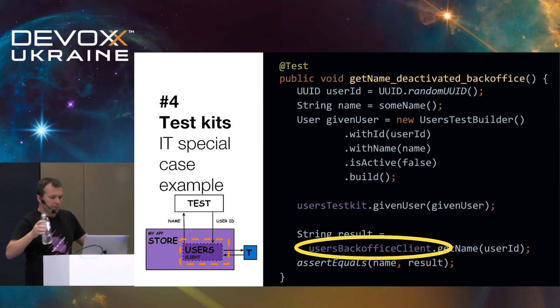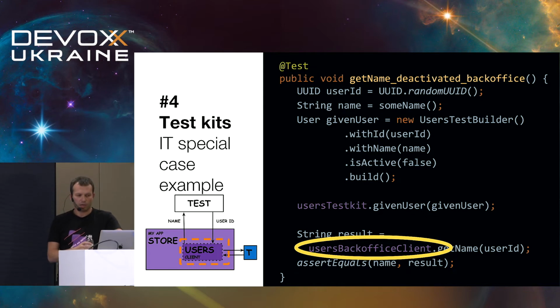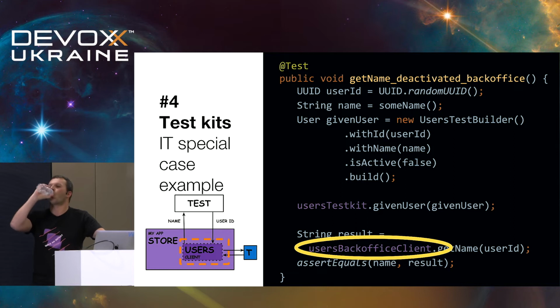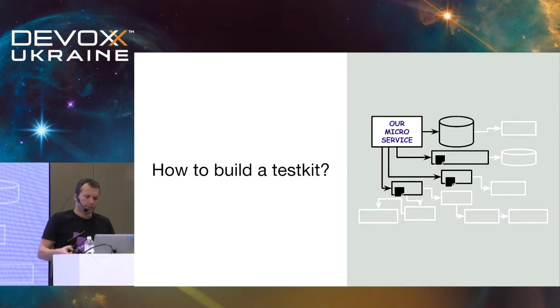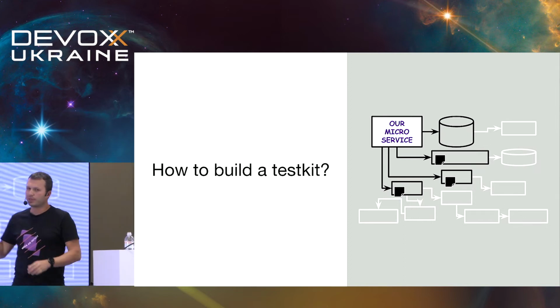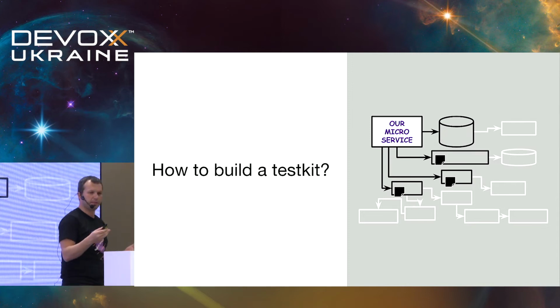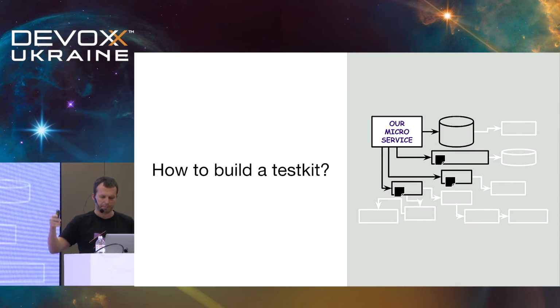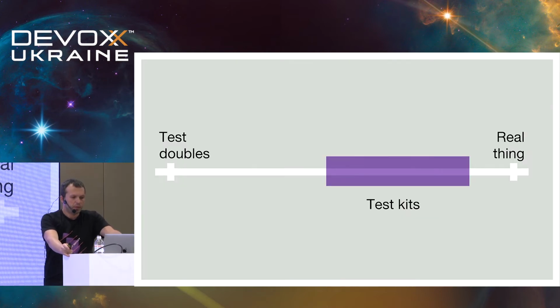So after we saw how it works, let's see how you can build one. So remember, now we are looking from the perspective of the user server, the server that provides the test kit, not the store, the consumer. So let's understand what it is exactly.